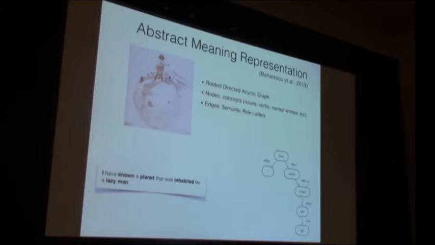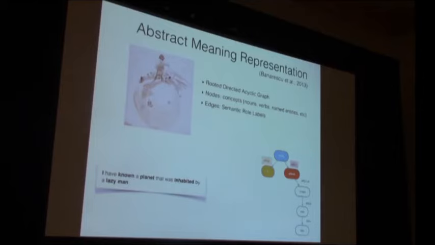And the edges correspond to semantic roles, that is, relationships between consecutive concepts or nodes. So for example, for the concept to know, arg0 corresponds to who's doing the learning, so I'm doing the learning in that case. And arg1 in that particular example corresponds to the object of learning, so the planet, I know the planet, and so on.